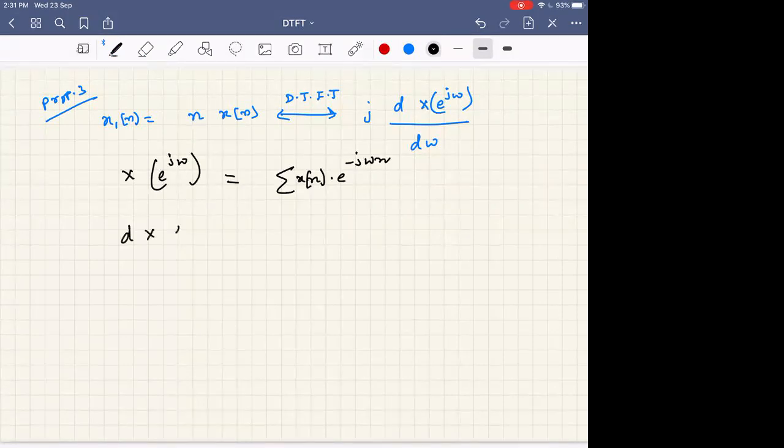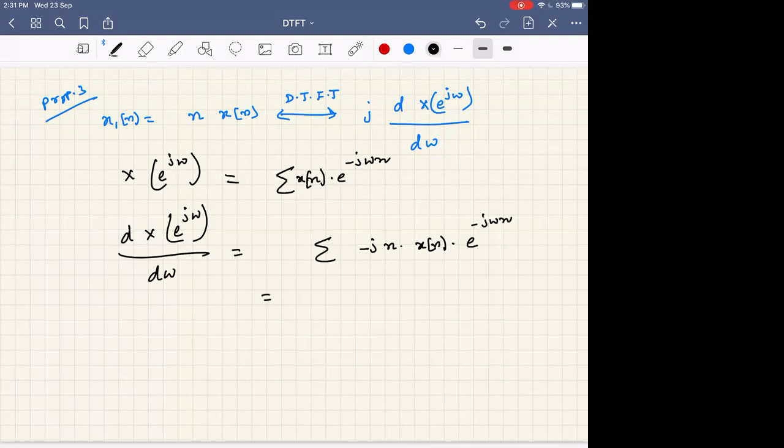Now what we do? We just try to differentiate, because this anyway will give minus j. Differentiation is with respect to omega. So n into x of n into e power minus j omega n.